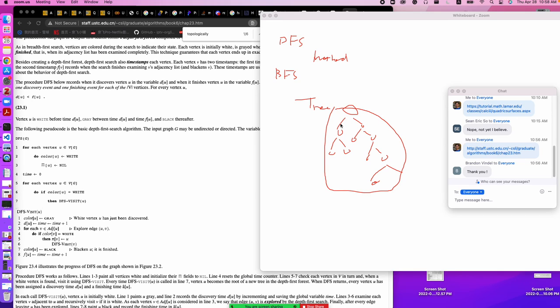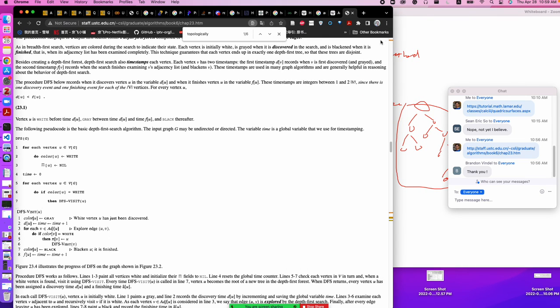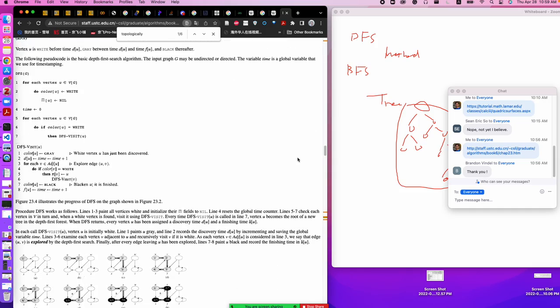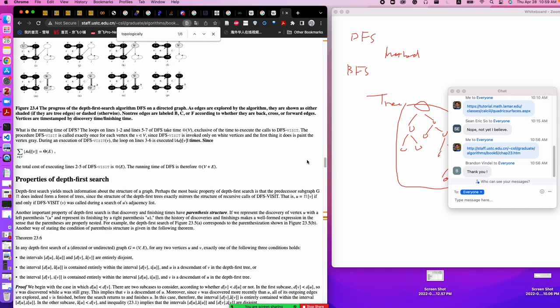We have discussed this tree in the algorithm analysis part, but this is the data structure we can generate after you visit the graph. That is a tree.